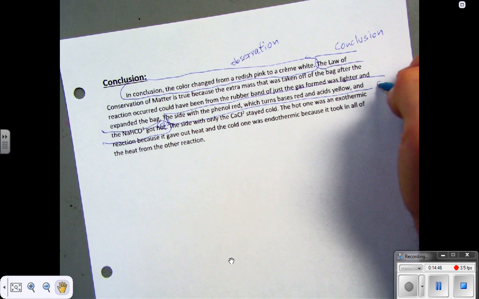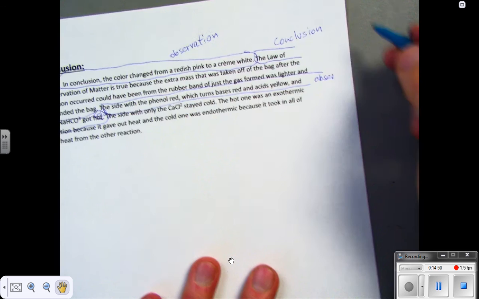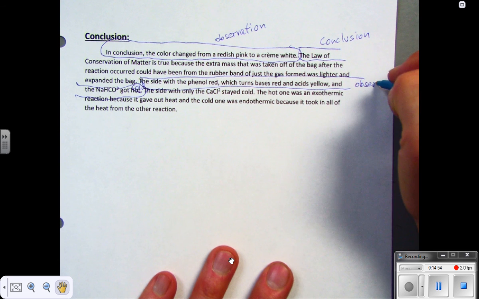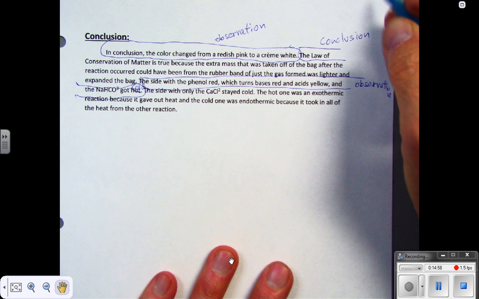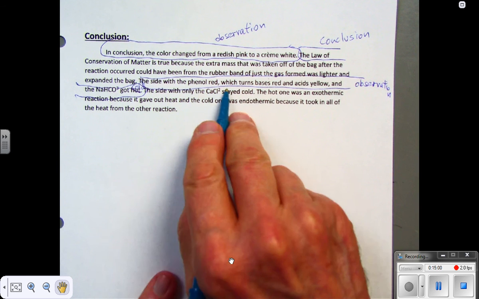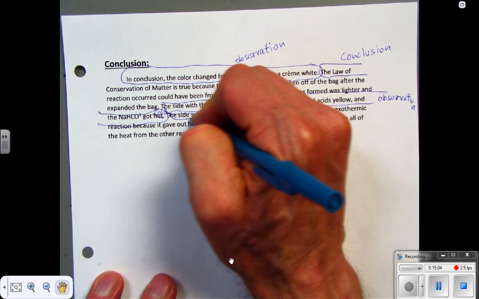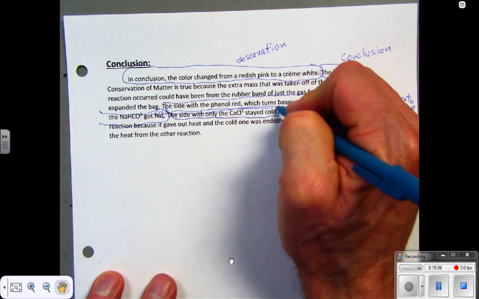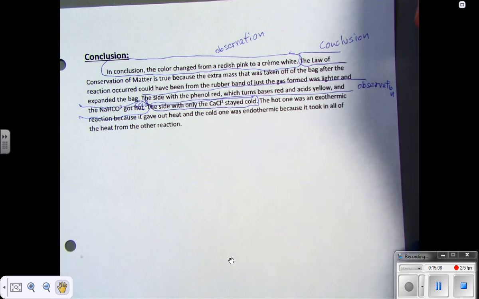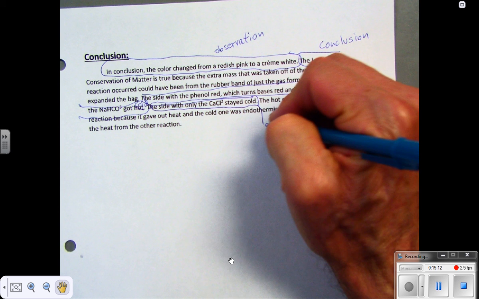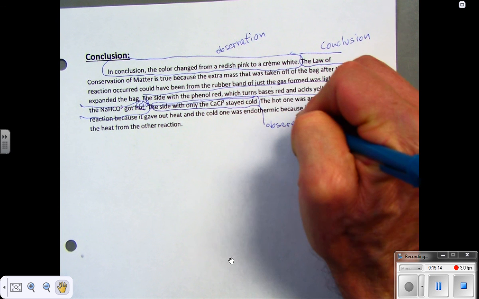Okay, this is observation. That's an observation. The side with the calcium chloride stayed cold. This is a piece of, what is it, Derek? Observation, good. Good, you're learning.